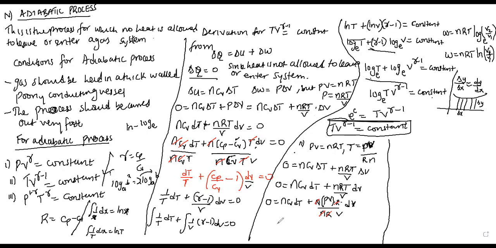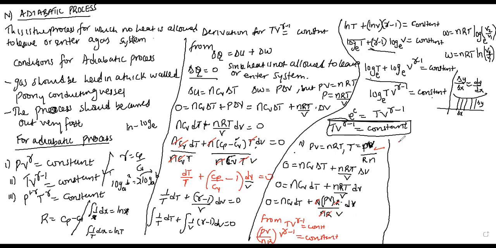If you recall what we have just derived up there, TV^(gamma minus 1) is a constant. I substitute here the T which I have seen here as this. I will have PV over nR times V^(gamma minus 1) is a constant.